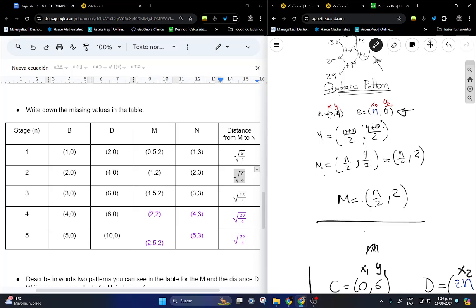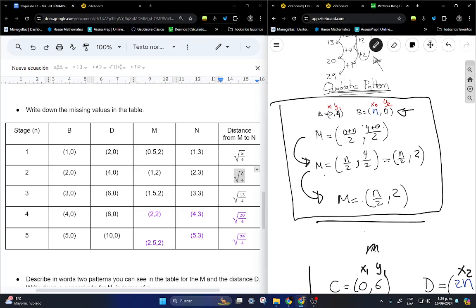Using the midpoint formula, we get to this, then we get to this, and finally we get to this. This is part of the justification, well, actually, the justification for the general rule of M. Remember, you can use words to help the reader understand what you are doing and why, but don't write paragraphs.